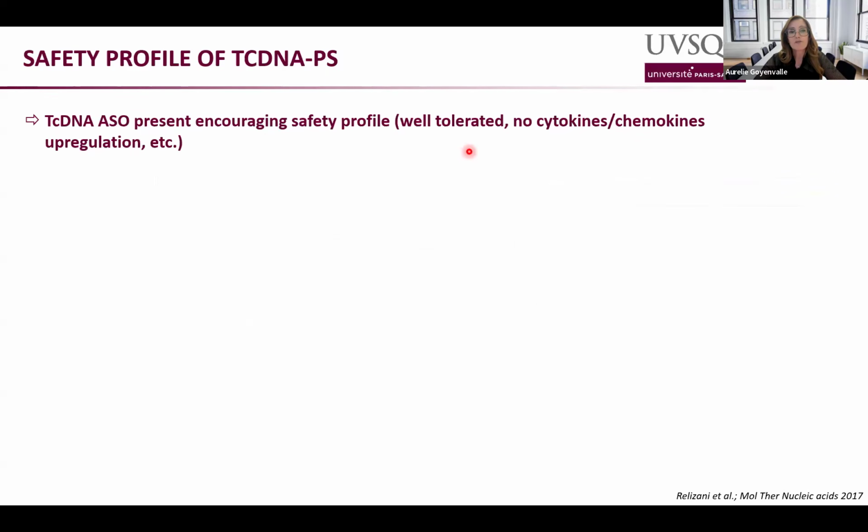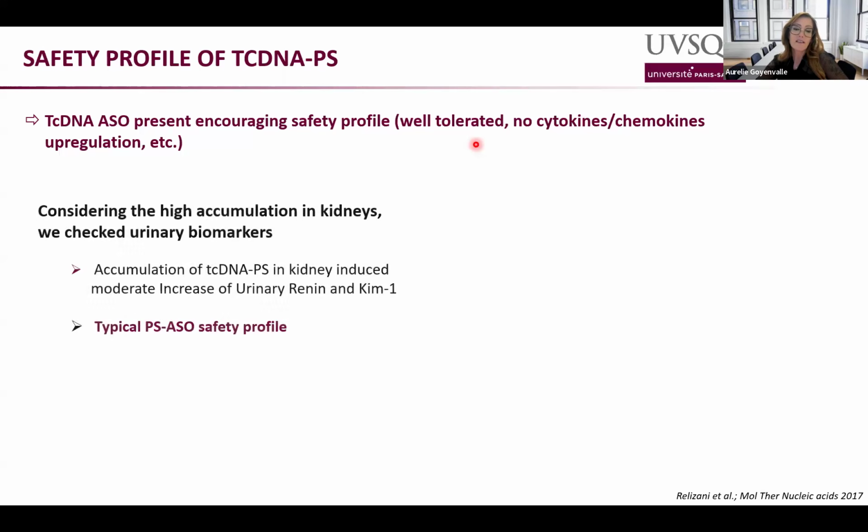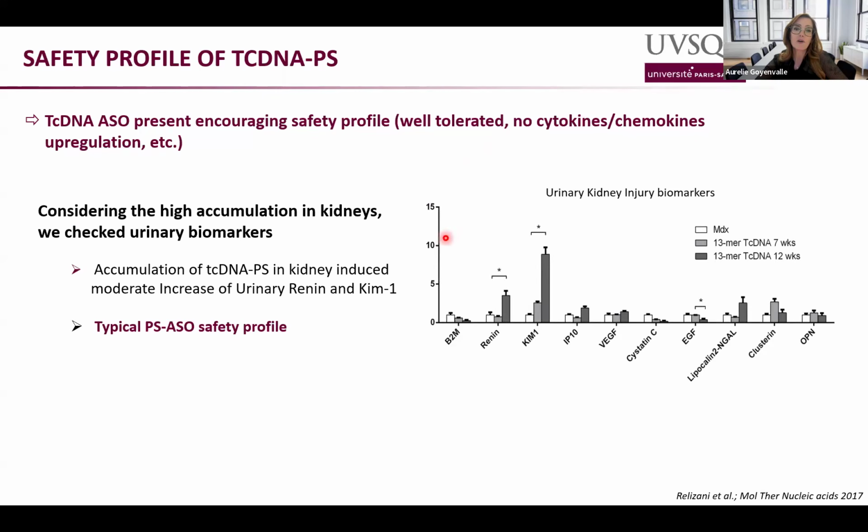So they initially showed a very encouraging profile. Like all the phosphorothioate oligonucleotides, they tend to accumulate quite a bit in the liver and kidneys. So we also checked for urinary biomarkers and in particular the kidney injury biomarkers.